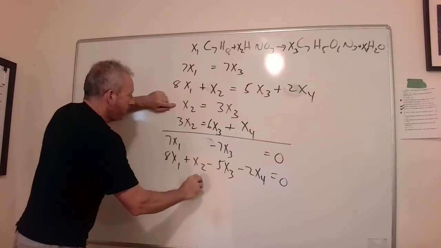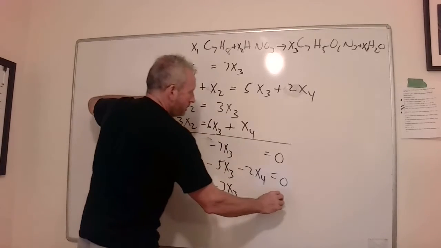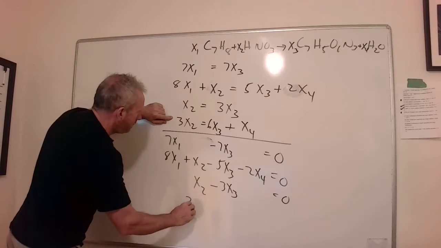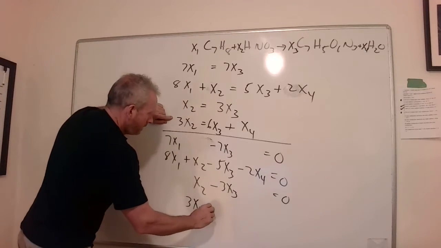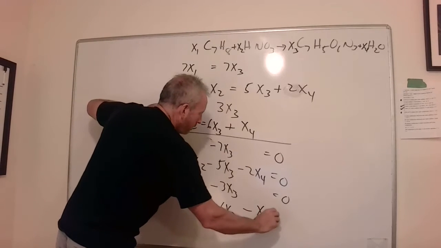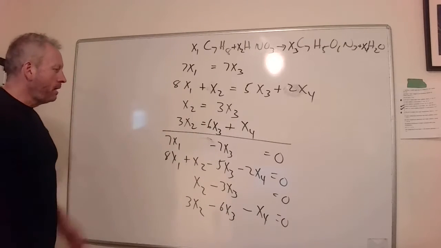From this equation here, x2 minus 3x3, 0 there equals 0. And finally here we have 3x2 minus 6x3 minus x4 equals 0. There's a more standardized format.